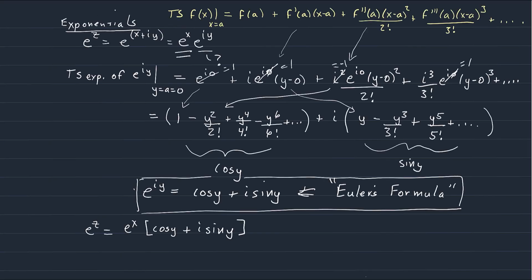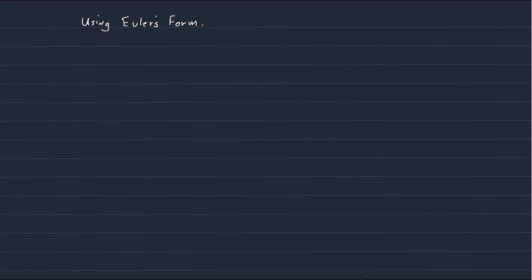Given that e to the iy is a sum of cosines and sines, we can solve for cosine or sine in terms of e to the iy. It turns out that cosine y is equal to e to the iy plus e to the minus iy over 2, and sine y is equal to e to the iy minus e to the minus iy over 2.